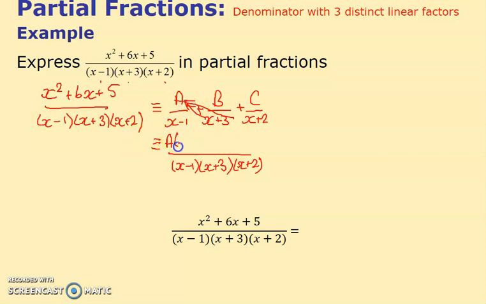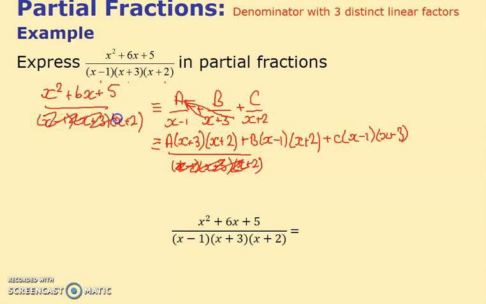So I'm going to write a lots of x plus 3, x plus 2, plus b lots of, well, it will gain the x minus 1 and the x plus 2, plus c lots of, and that will gain x minus 1, x plus 3. And again, effectively, I've got this lot over the triple bracket, so I can ignore the bottoms.